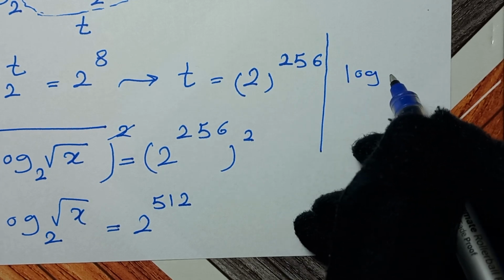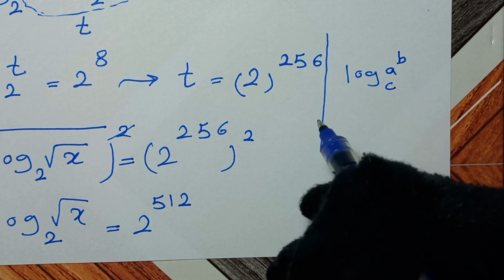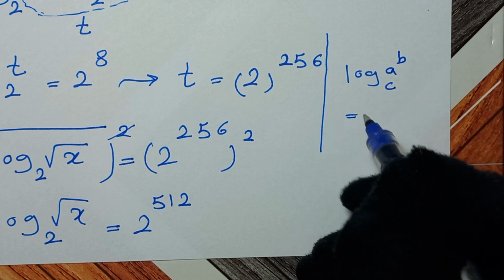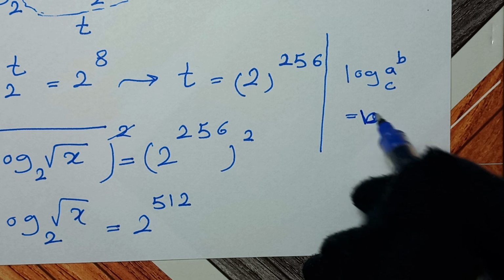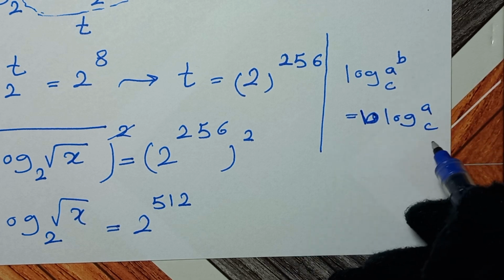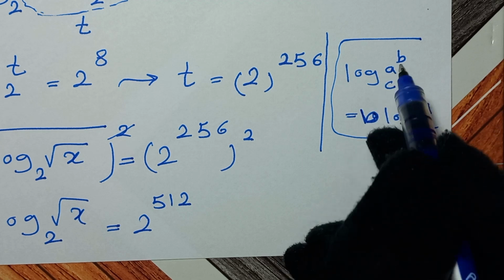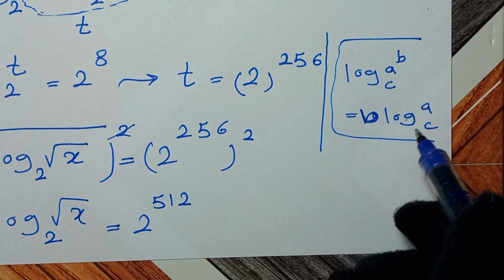And from log rules, if we have log of a to the power of b to base c, we can write this as b times log of a to base c. We can take the power b outside of the log.